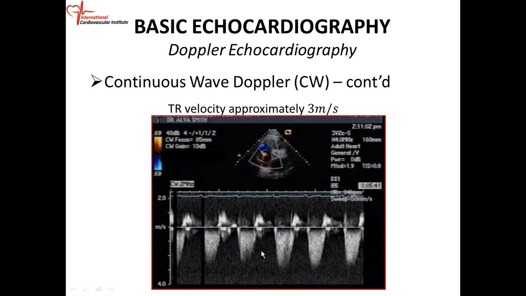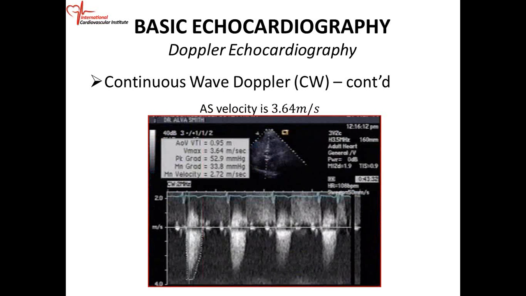It's a systolic phenomenon, but the blood is flowing away from the transducer, hence it's below the baseline. The flow in this case is about 3 meters per second, more than your 2 meters per second, so you use continuous wave Doppler. If you don't, you'll get aliasing, because pulse wave is only going to measure 1.5 to 2 meters per second velocity.